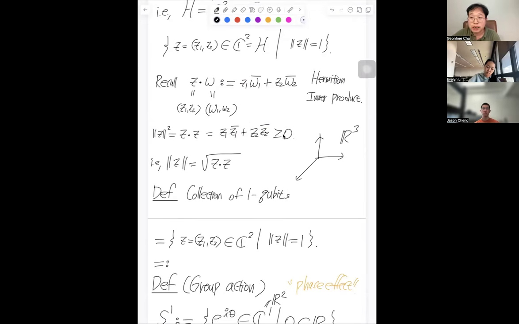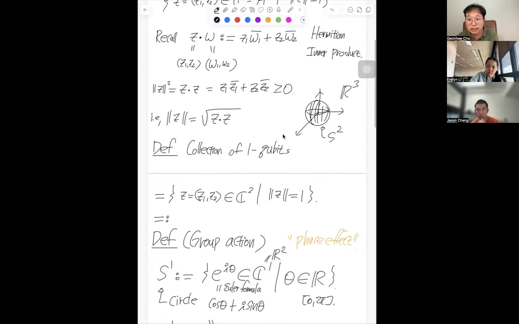This space would be R3, and the collection of the unit vectors becomes a two-dimensional sphere. Does that make sense to you? I'm asking whether or not you click with your intuition. If you start from R2, you get a circle. If you start from R3 and collect the unit vectors, you get a two-dimensional sphere. Is that clear?